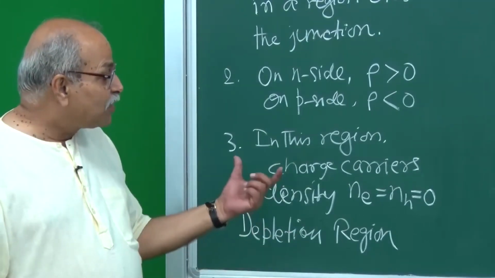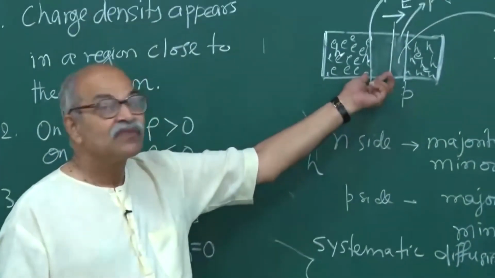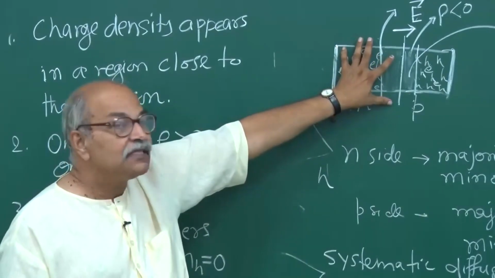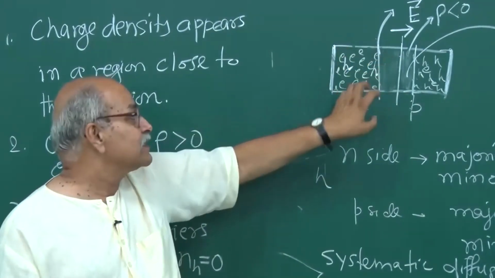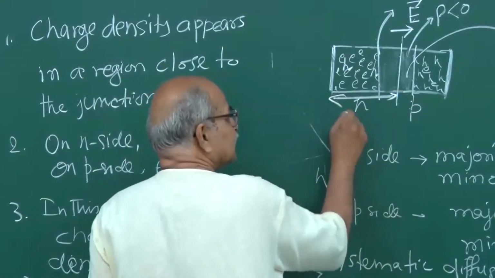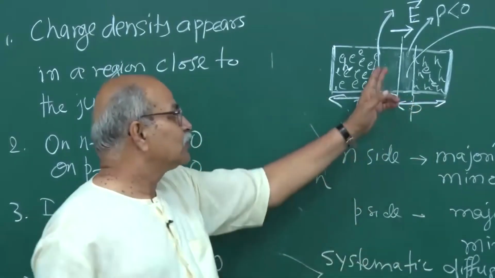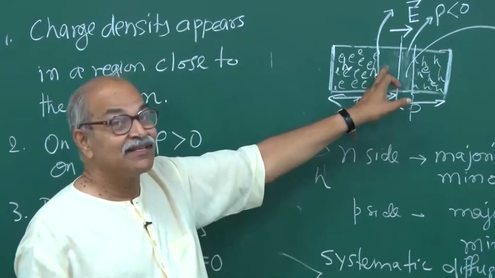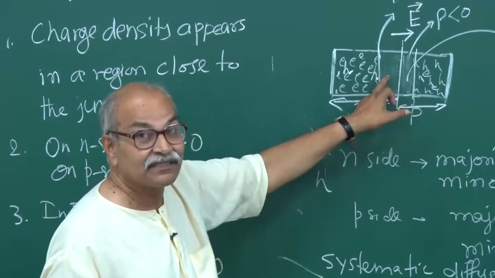Now, what is the width of the depletion region? How much will this width be? That depends on the concentration of the dopants. Remember the dopants are there. This is N type up to here, and P type on the other side. So, although there are no charge carriers, this is still N type material. We have diffused those pentavalent impurities here.